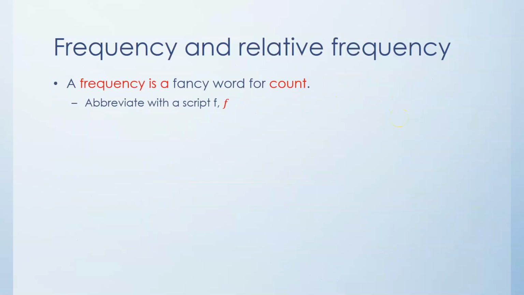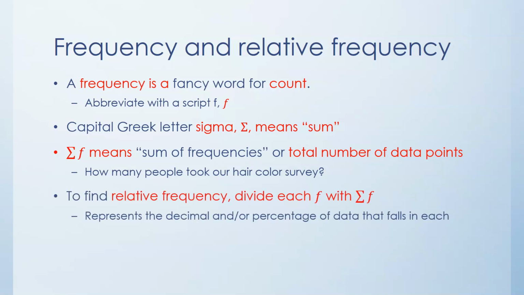Okay, let's move on. What I can do then, once I know how many data points I have, is to find the relative frequency, which is basically the percentage or proportion of my data that falls within each category. And I do that just by dividing each frequency by the sum of all of the frequencies.